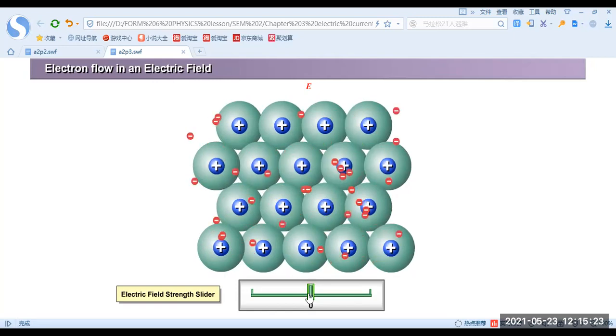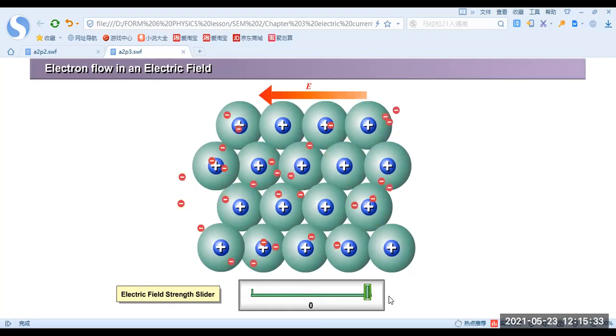What will happen if I increase the electric field strength? You notice the motion. This is positive and this is negative, and we notice that E increases.